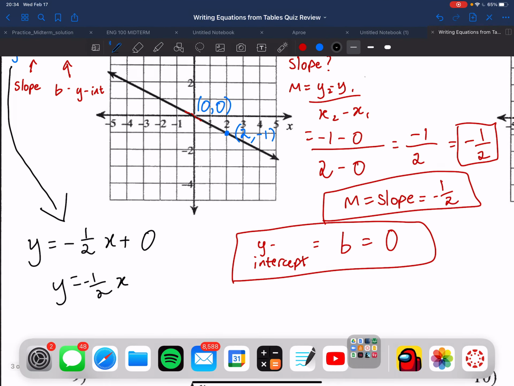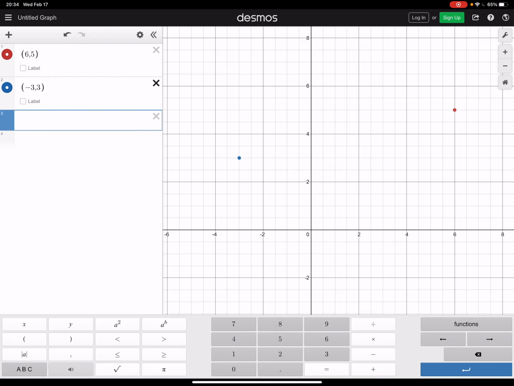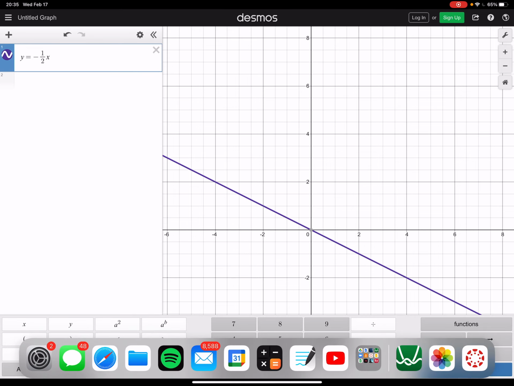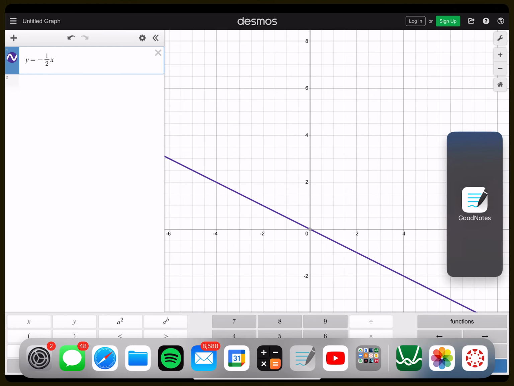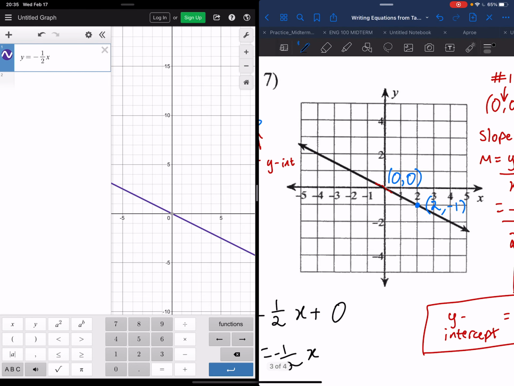So just to check, I'm going to write down the last problem I did: y equals negative 1/2 x. Now let's see the graph that's on that problem.